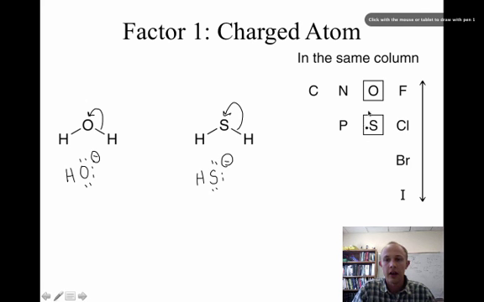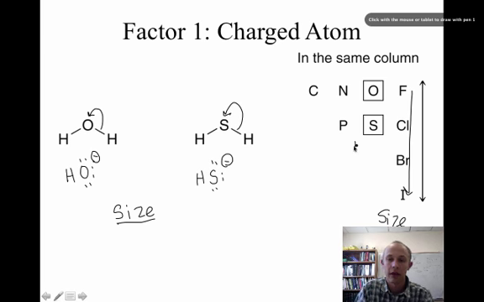Okay, so now we're comparing two atoms that are in the same column, not in the same row. What we want to look at here is when we're comparing two atoms in the same column, size is going to be the most important. The bigger that the atom is, the more easily that it can spread out that negative charge and stabilize it, right? Sulfur is bigger than oxygen because remember, as we go down the periodic table, size increases.